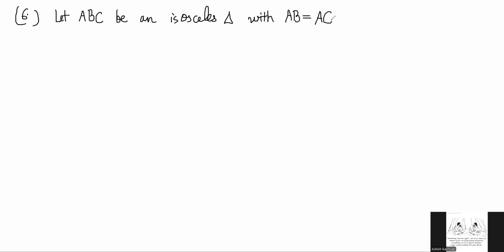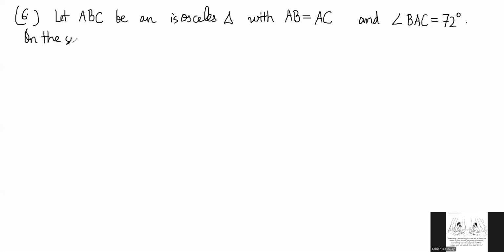Next question is: let ABC be an isosceles triangle with AB equal to AC and angle BAC equal to 72 degrees.